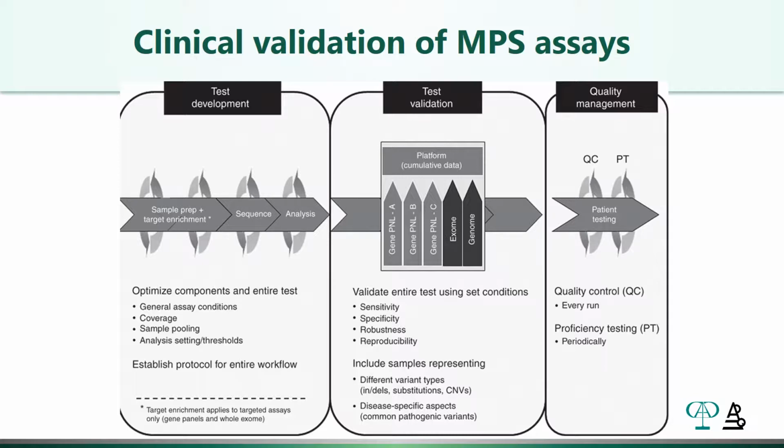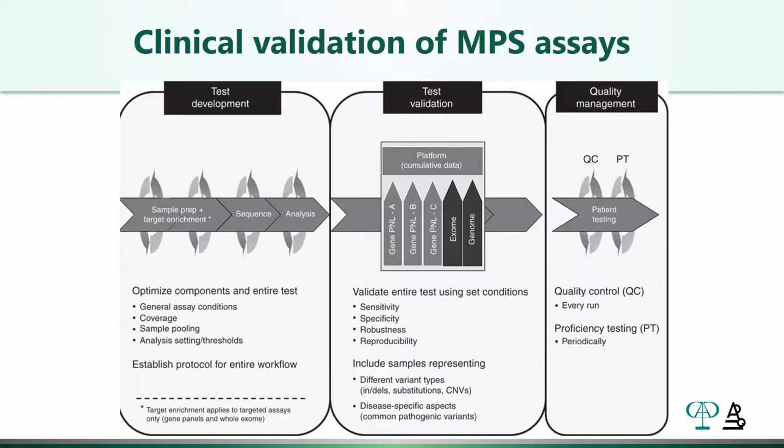When you're validating, you have actually locked down how you're doing the assay and how you're analyzing the assay, and now what you're doing is making sure that the assay works and reaches the required sensitivity, specificity, robustness, and reproducibility for any sample type that you hope to use in the clinical laboratory. You also want to validate for every different type of variant that you might want to look at.